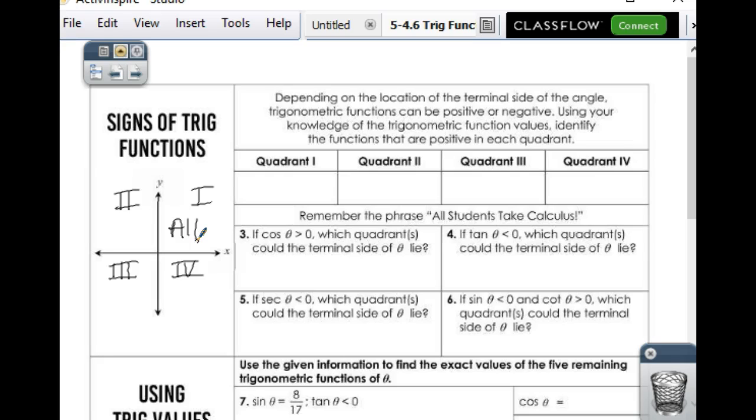In the second quadrant, what's positive, x or y? Y. The sides are y. In the third quadrant, what's positive? Not x and not y, correct? They're both negative.